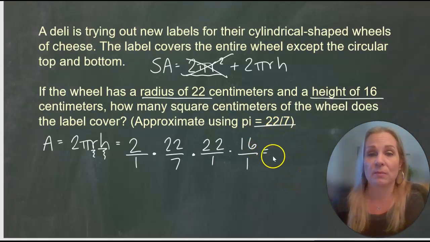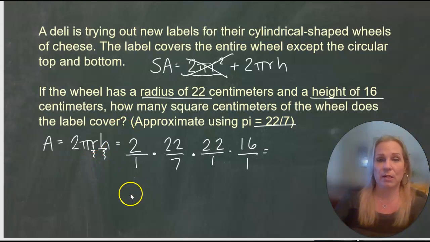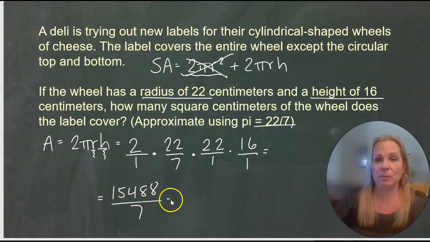All right, so then let's multiply that all out together. And then we'll divide by 7, right? So 2 times 22 times 22 times 16 equals, I'll write it down here, 15,488. And then we have a 7 on the bottom.